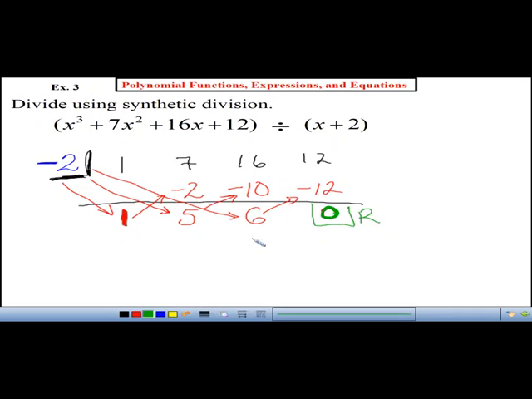Now, here goes the process one more time before you copy. Look up, please. I write my dividend using coefficients, including the constant. There it is. I use the polynomial given, but notice here, instead of using +2, I used what? -2. It's like if I was solving this equation for x. There it is. I bring the first number down, and I multiply.